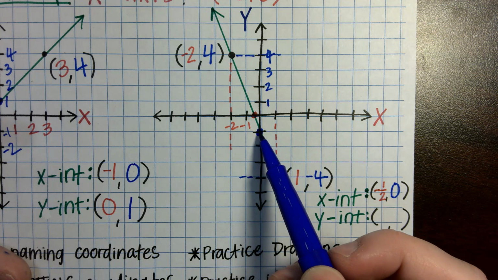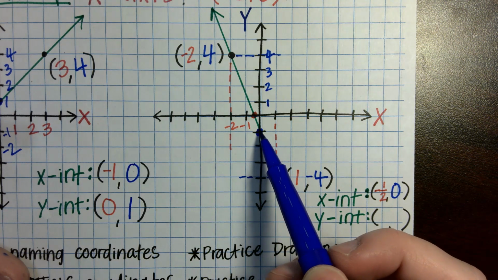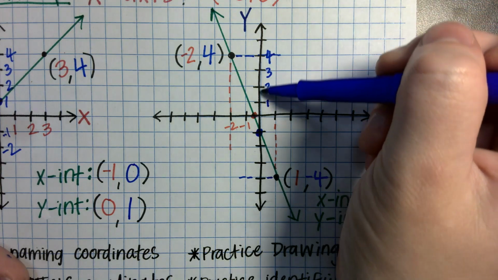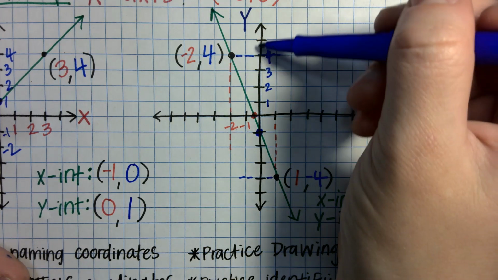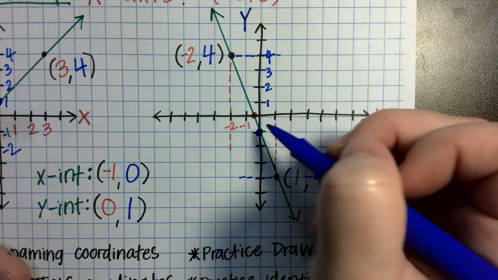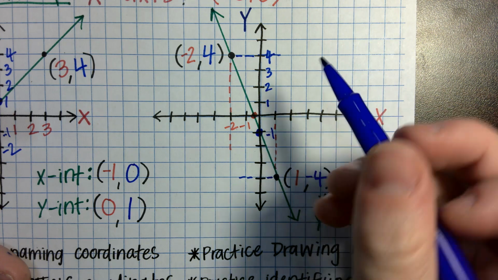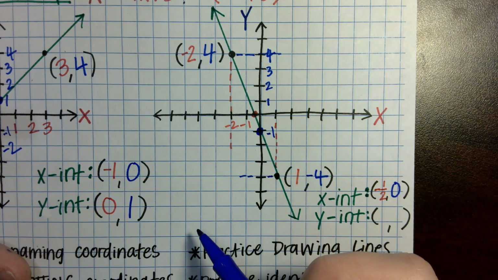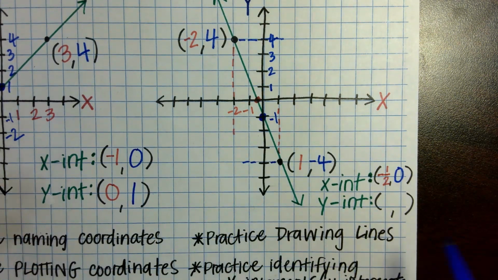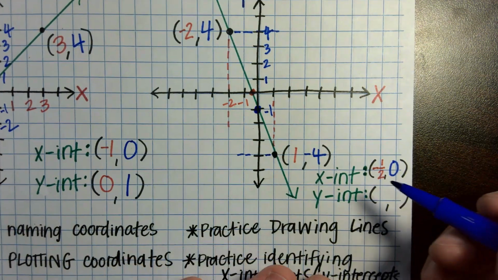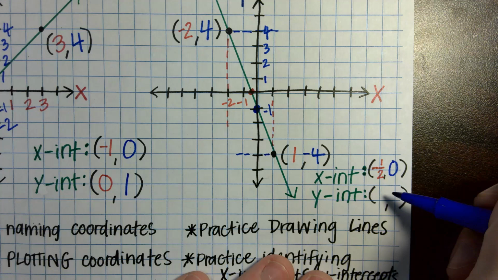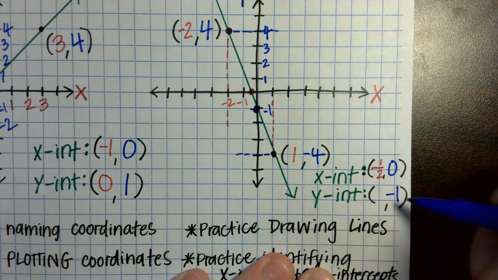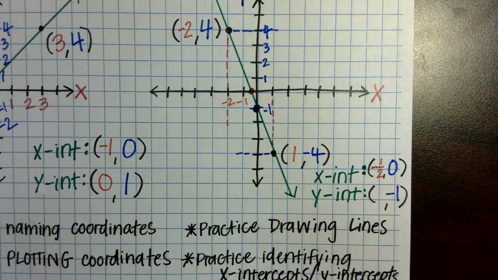So is this our x value or our y value? The y. It's our y value because it's touching the y-axis. So it's touching the y-axis at where? What's this number? -1. Good. So we're going to write -1 in the y spot of our coordinate right over here. -1.